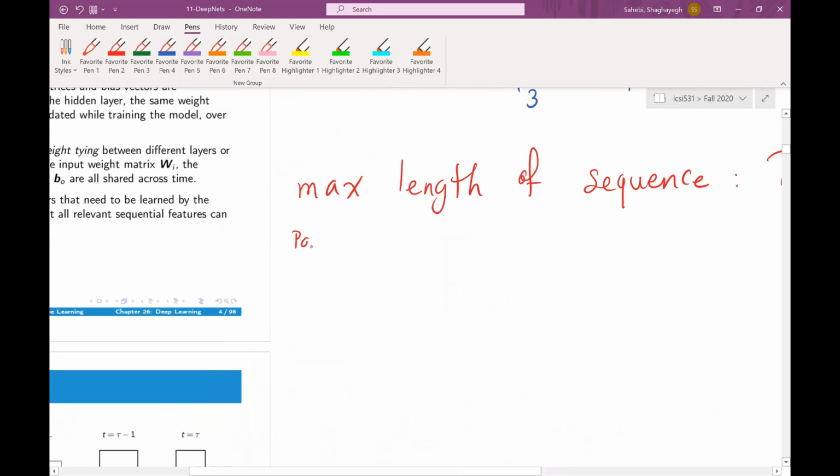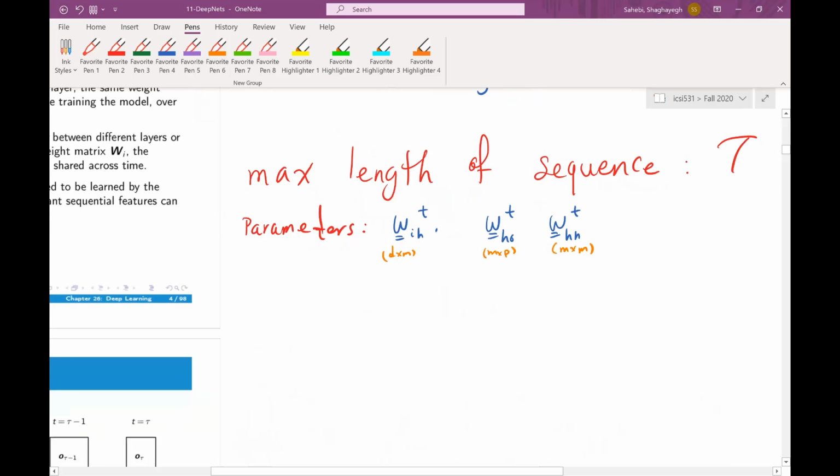Okay, so basically the parameters of the network are WIH at time t, WHO at time t, and WHH at time t, right? This is a D by M matrix. This is an M by P matrix, and this one is an M by M matrix.